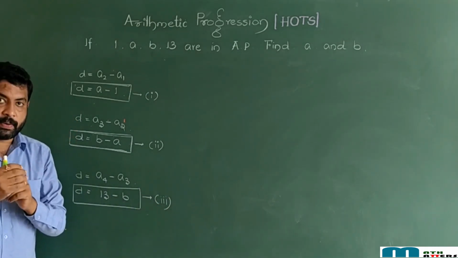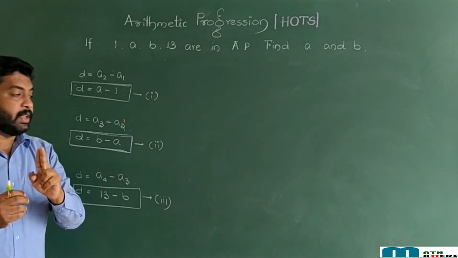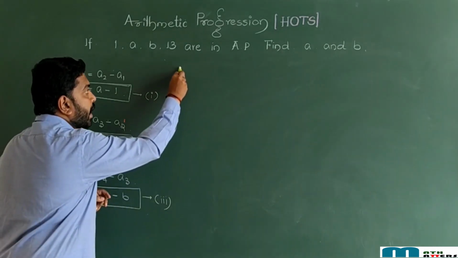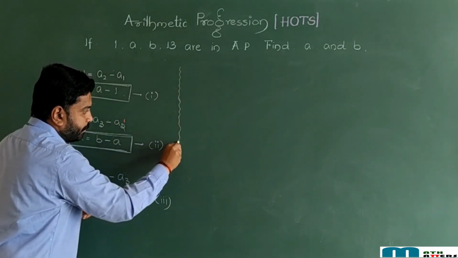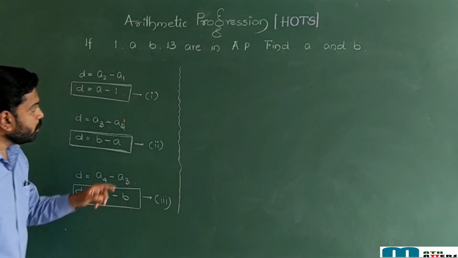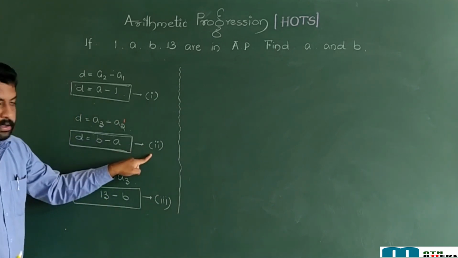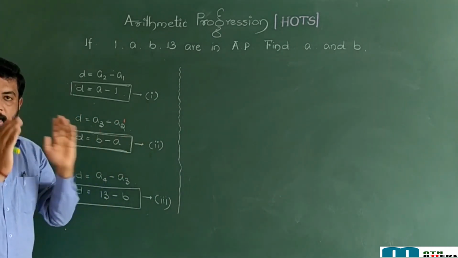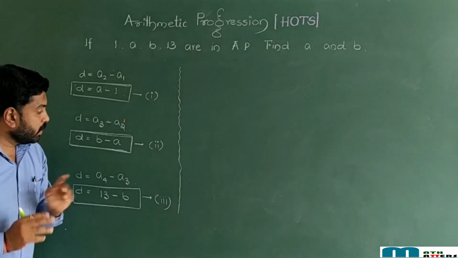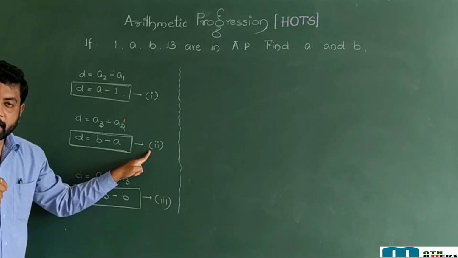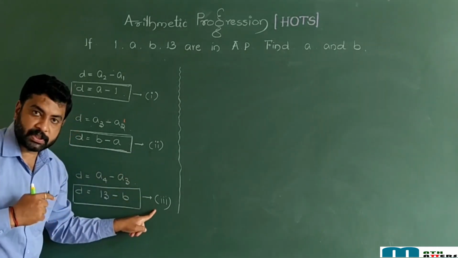Then how to solve it? When 2 unknown variables are there, I need to equate equation 1 and equation 2. Second, I want to equate equation 2 and equation 3.